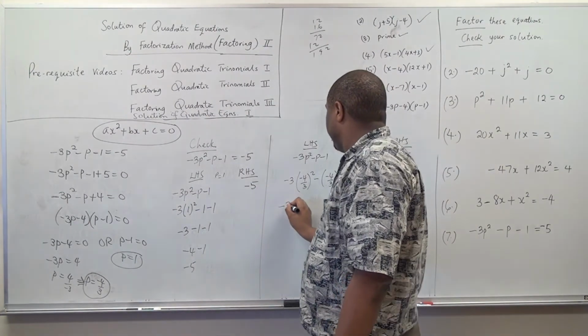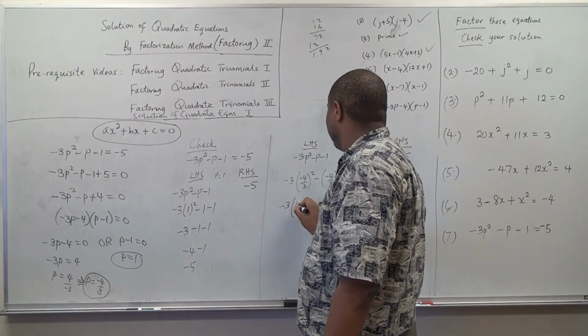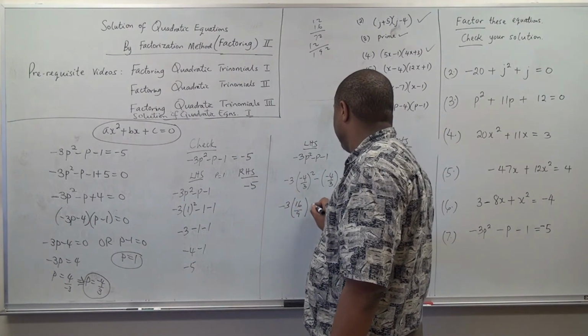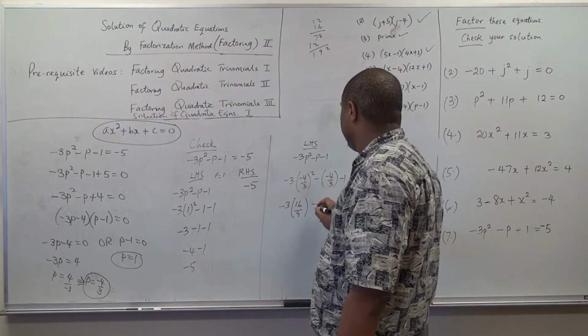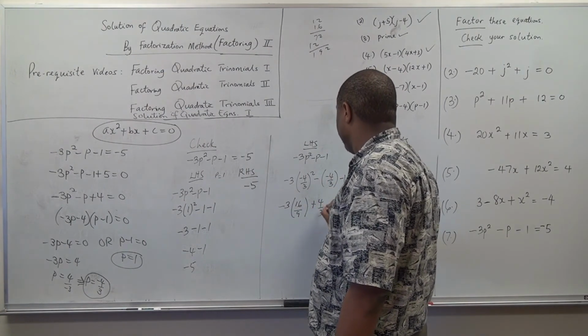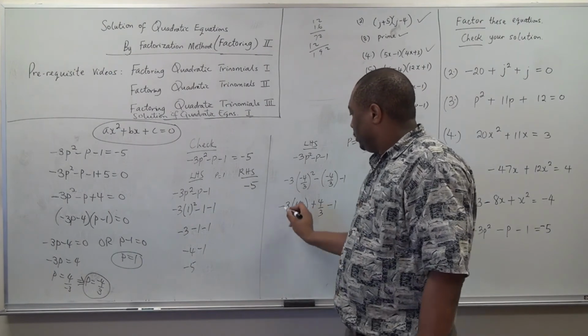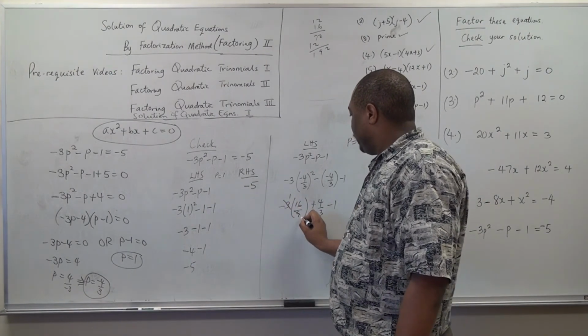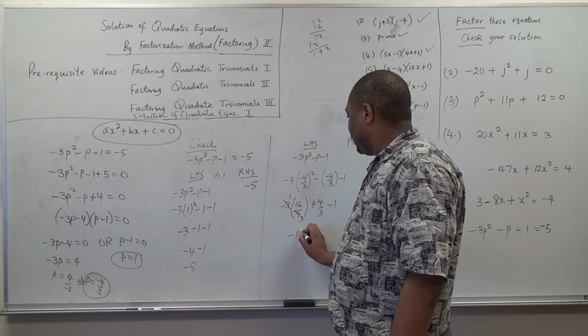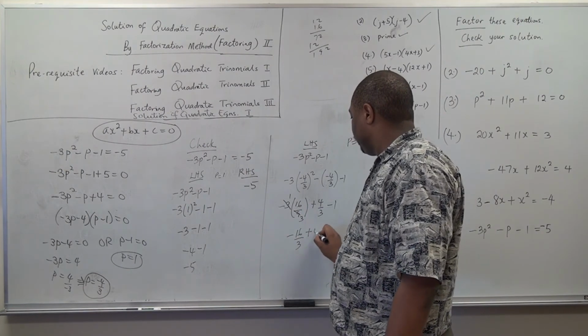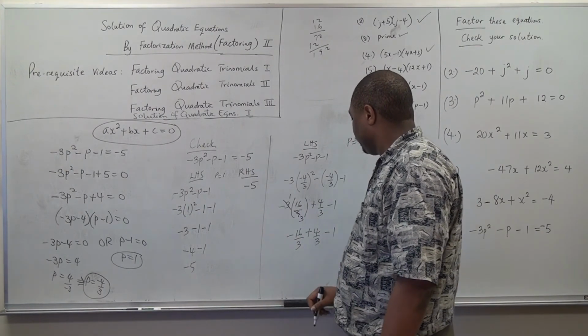So this is negative 3 times 16 over 9. Minus is plus. 4 over 3 minus 1. 3 will divide 3 to give you 1. 3 divide 9, 3. So this is negative 16 over 3 plus 4 over 3 minus 1.